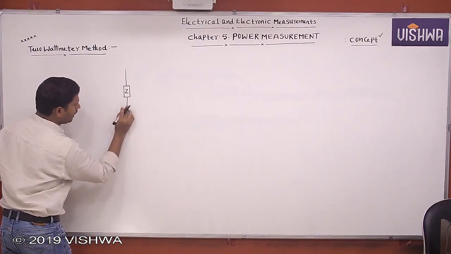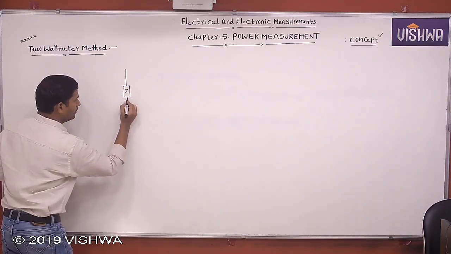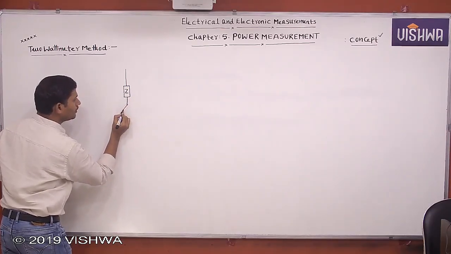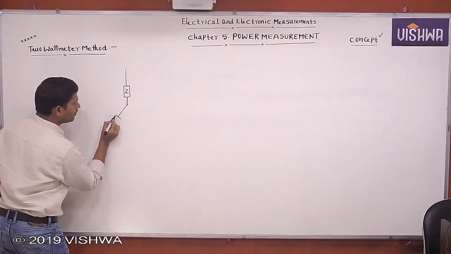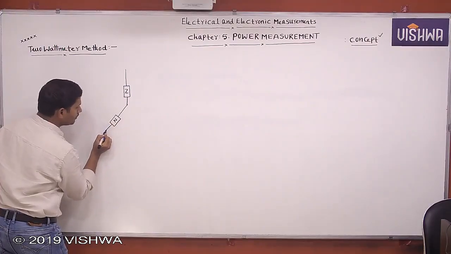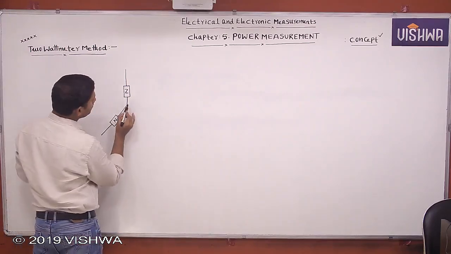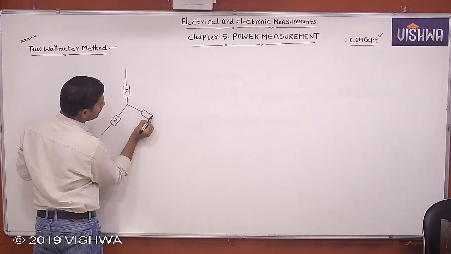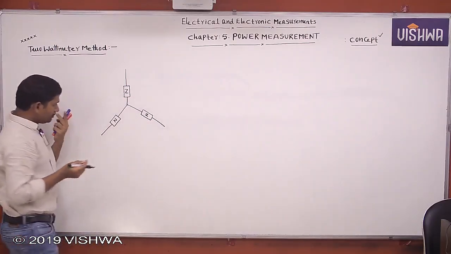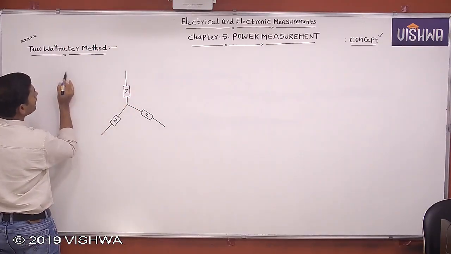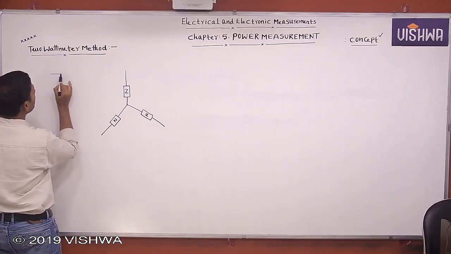I am explaining for lagging power factor loads. Let it be a balanced load, that's why I am taking equal load impedances. In the 2 wattmeter method, I am connecting a wattmeter here in the R line.